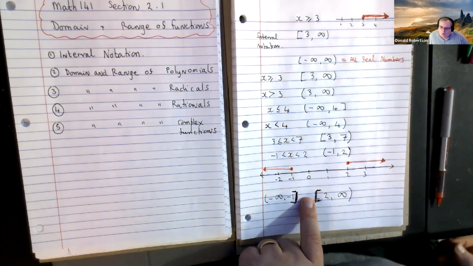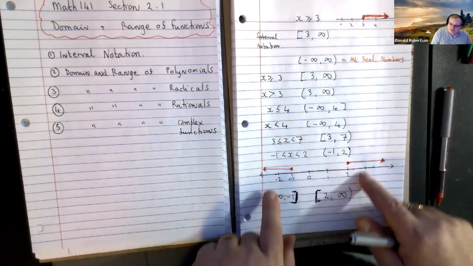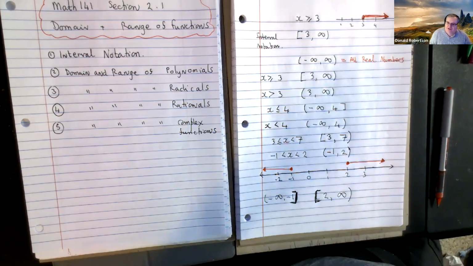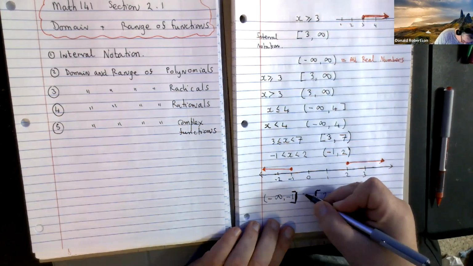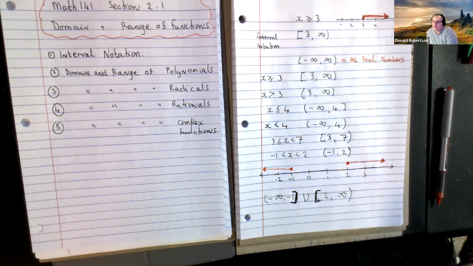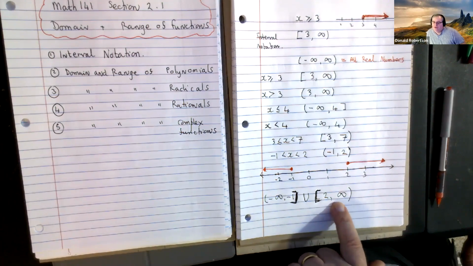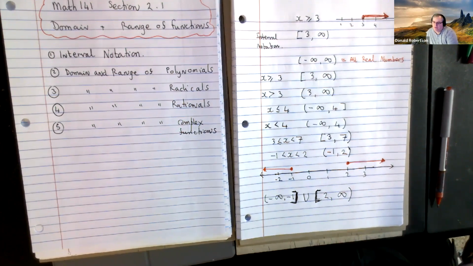But we have to indicate in some way that these two intervals are joined together to make a single answer. And we get around that by putting a symbol that looks like a big U. It's actually for the word union. So the answer is this interval unioned, joined to that interval. Are we good? You've seen that little union symbol before?